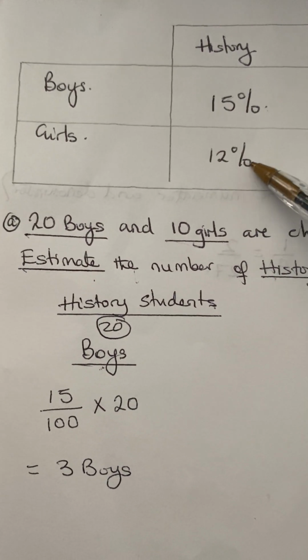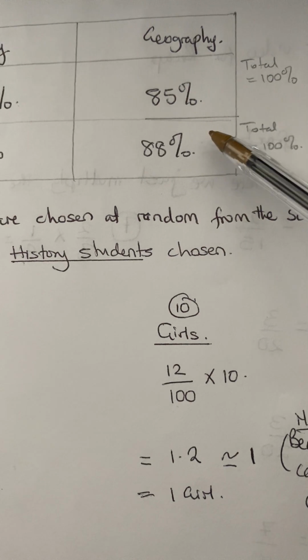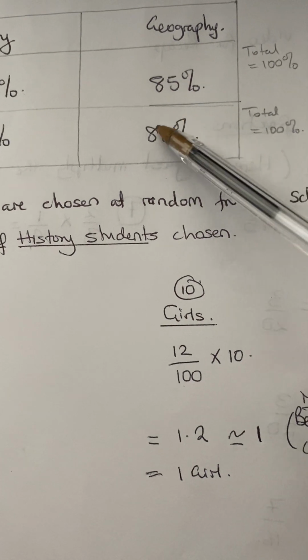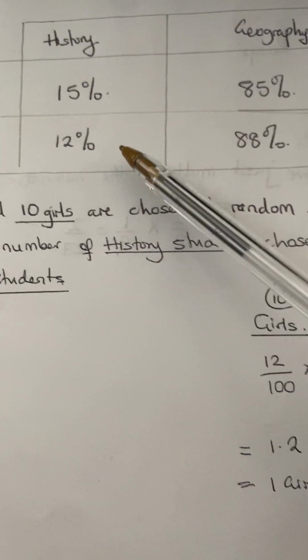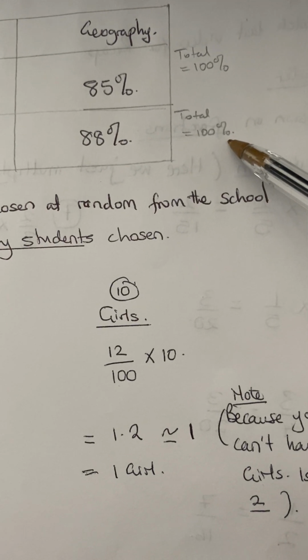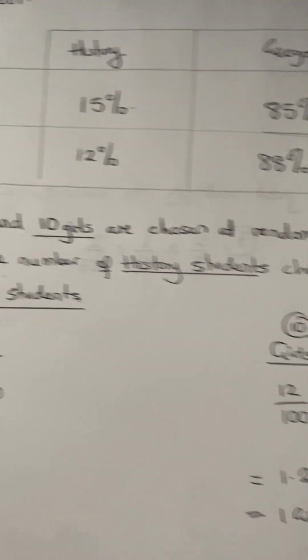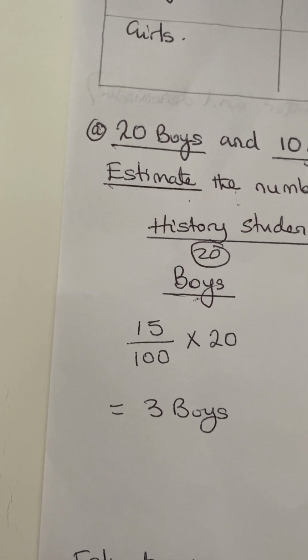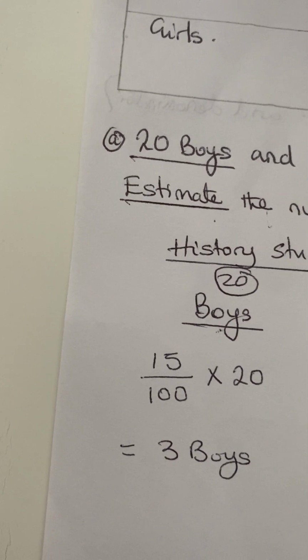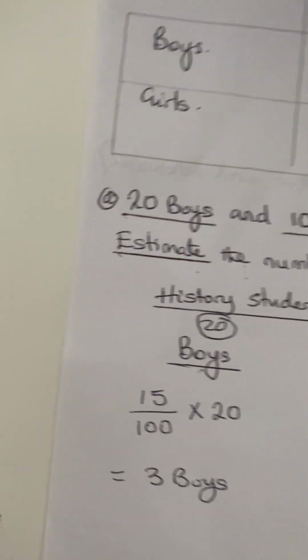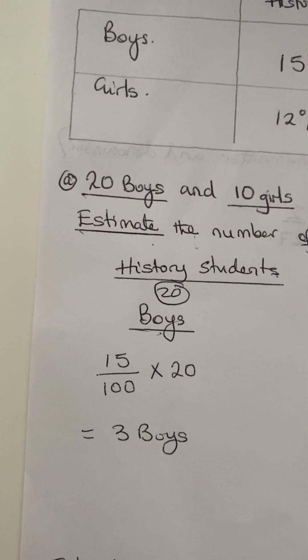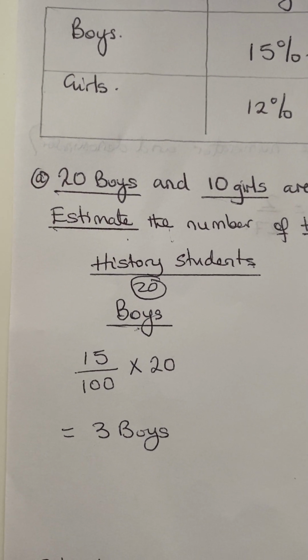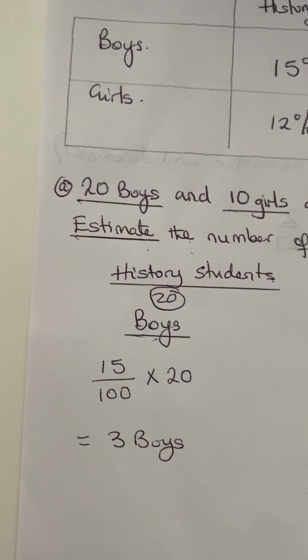History, girls 12%. Girls again, geography 88%. When I total, it gave me 100%. So I'm happy with that. Okay. Now, my thinking process. What can I use to solve this question in the best possible way?